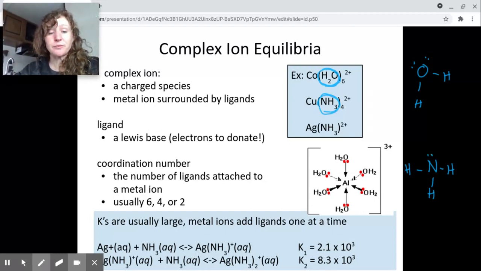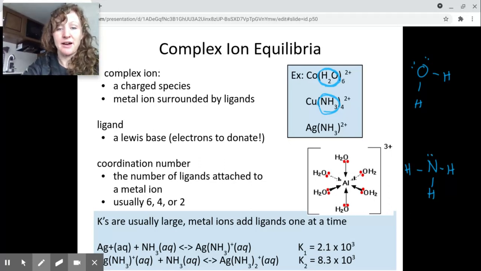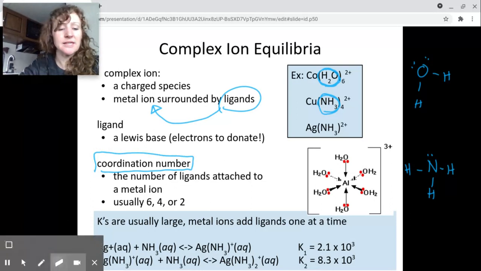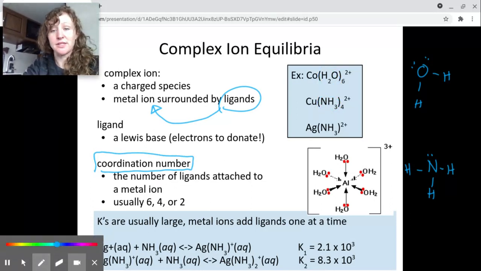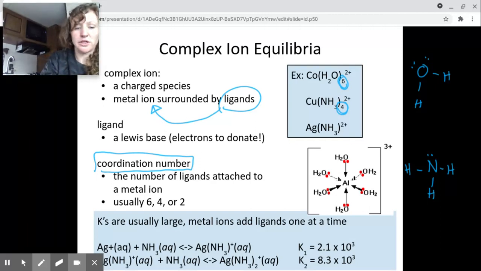Okay, so the number of these Lewis bases that are attached, that number is going to be called the coordination number. So is that metal attached to 6 waters or 4 waters? That number is called your coordination number. Now, usually you're going to get coordination numbers of 6, 4, or 2.